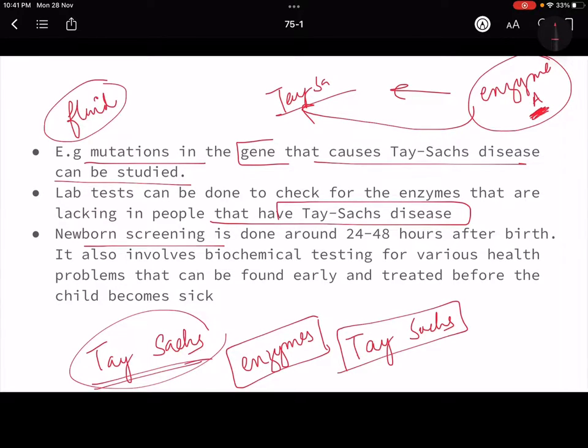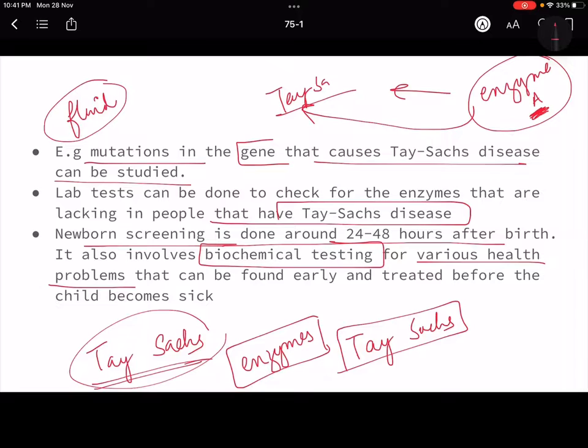Newborn screening is done, okay? You can check, and for this you also need certain fluid. So you can either take a blood sample or any other body fluid, because you need to take enzymes and study them properly, right? Children can be tested 24 to 48 hours after birth, and biochemical testing can be done, that means testing of their enzymes and proteins, and based on that you can see whether the child is healthy or has any health problems, right?